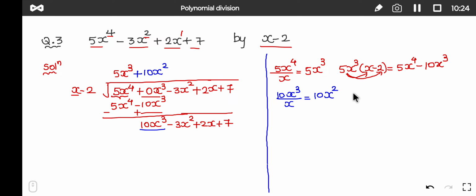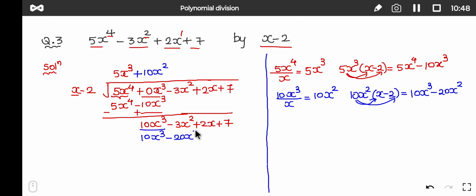Then multiply this 10x square with divisor, that is x minus 2. So if we multiply 10x square inside, so 10x square into x, which is 10x cube, minus 10x square into 2, which is 20x square. So we'll write down here 10x cube, then minus 20x square.